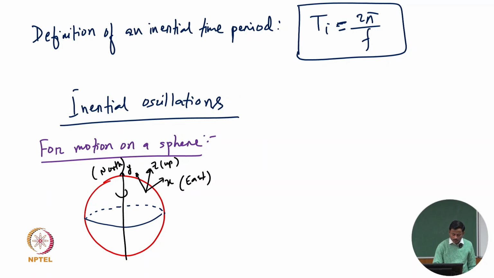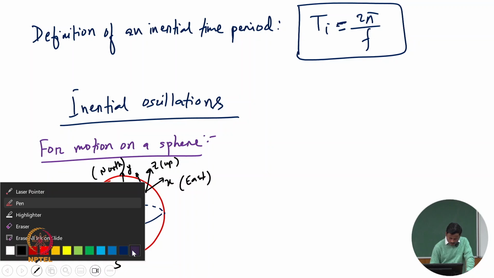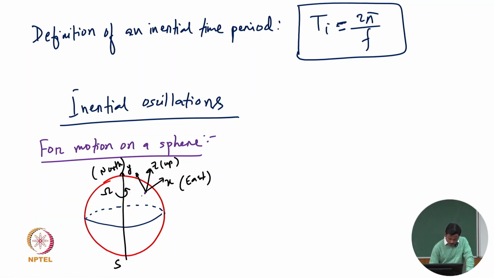And this is the axis of rotation. The rate of rotation or the angular velocity is omega. So this is north and this is south. And this is the frame which is rotating along with Earth. This is fixed on the Earth's surface.